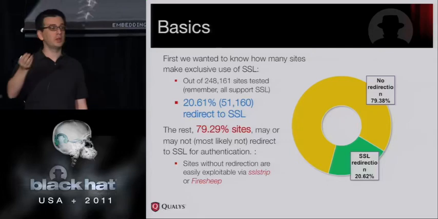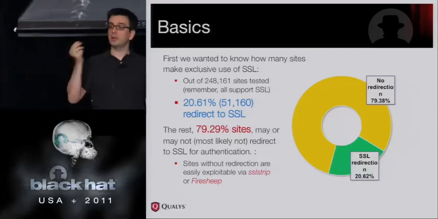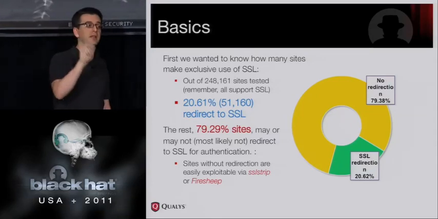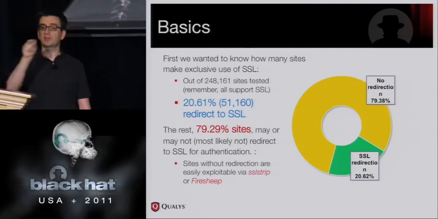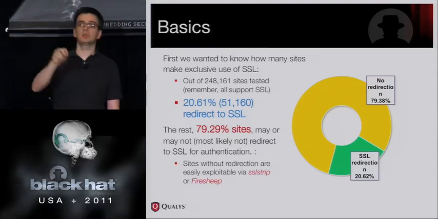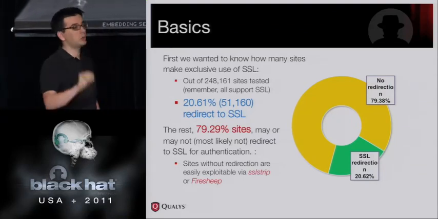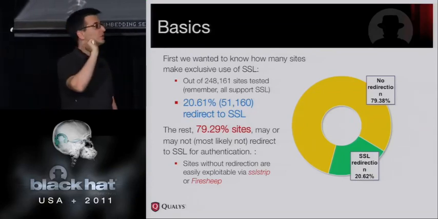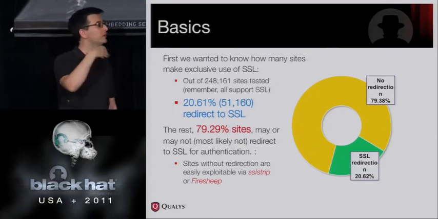So looking at it, this is the first test. We went to the homepage of each of these sites that we're testing and observed how many of them redirect plain text unencrypted links to SSL. Because if you keep your users unencrypted, they're just going to be vulnerable to Firesheep or similar tools. I don't know, you probably heard of Firesheep. That's the tool where you just run it in your browser, and then you hijack all the sessions for popular websites such as Facebook and Google.